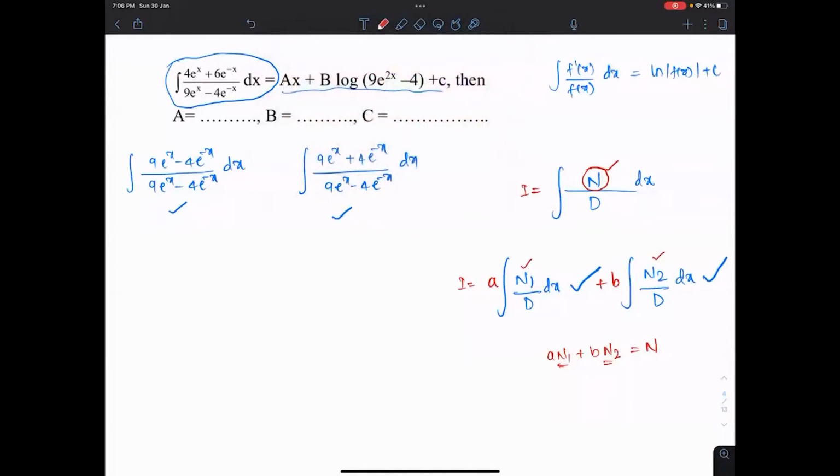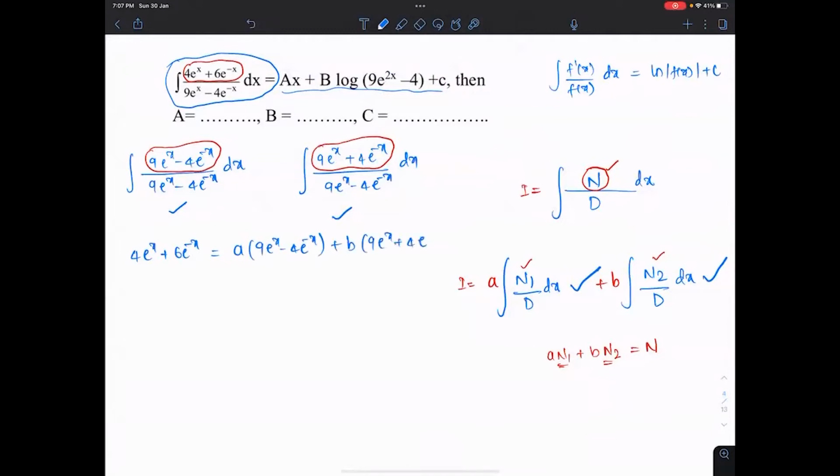Now, this numerator here can actually be written as a linear combination of these two. Let us see how. Because only two terms are involved, e power x and e power minus x. So let us write 4 e power x plus 6 e power minus x as a times 9 e power x minus 4 e power minus x plus b times 9 e power x plus 4 e power minus x.